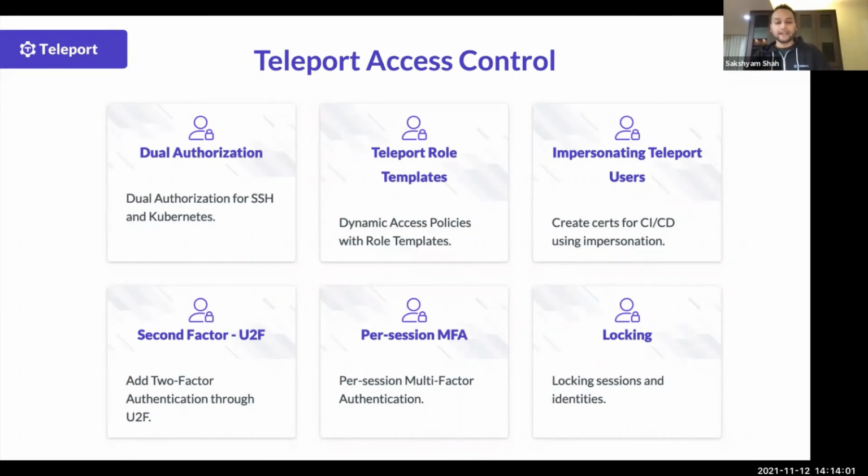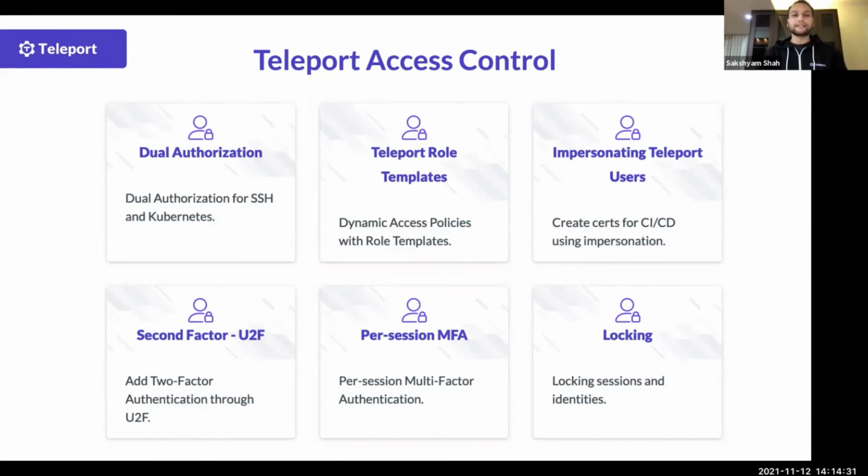Rather than blocking access to your entire fleet of servers, you can just implement session locking and block access to the particular server or service that the malicious user is using, so that you can avoid downtime to your infrastructure and yet successfully block the malicious access. So these features collectively help you implement secure access to your infrastructure via SSH or Kubernetes.